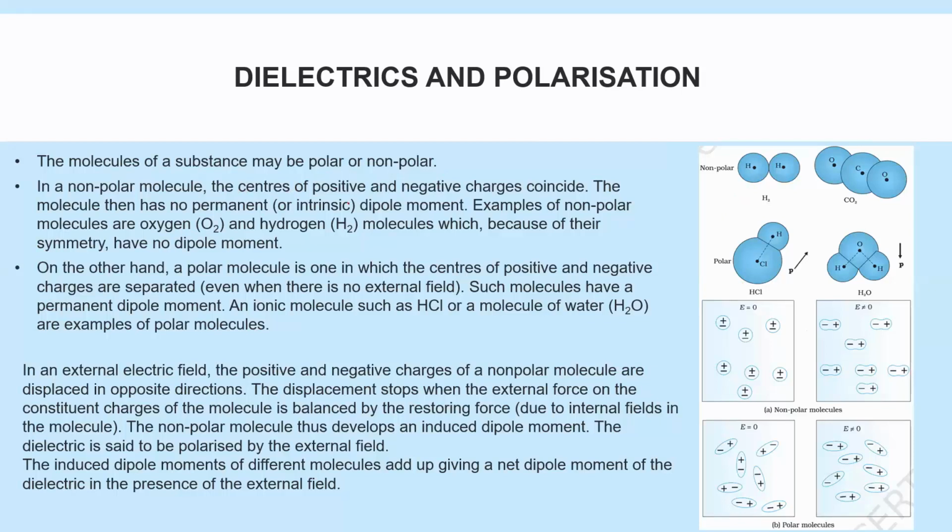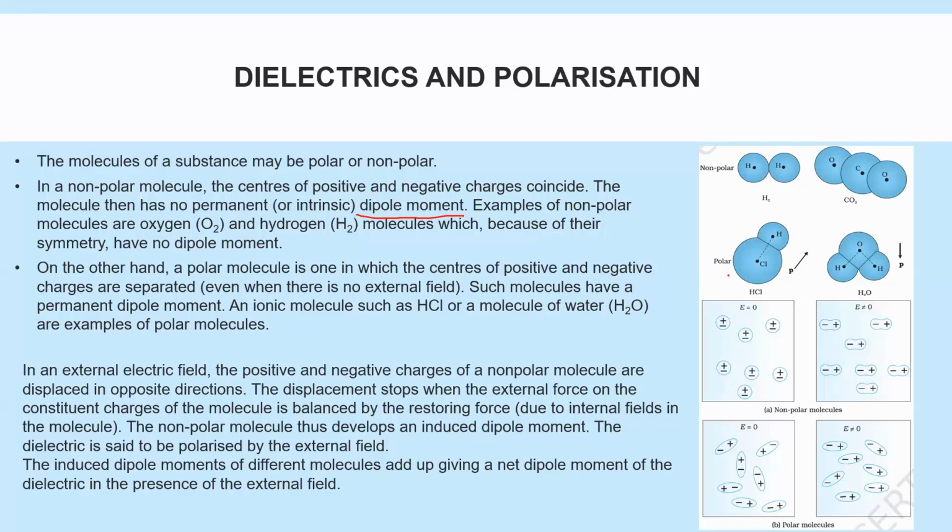Those where the centers of the positive and negative charges coincide, the molecule that has no permanent or intrinsic dipole moment. So it does not inherently have any dipole moment. Examples would be your oxygen molecules and your hydrogen molecules, because they are symmetric. The centers coincide, there is a symmetry there, and they don't have a dipole moment.